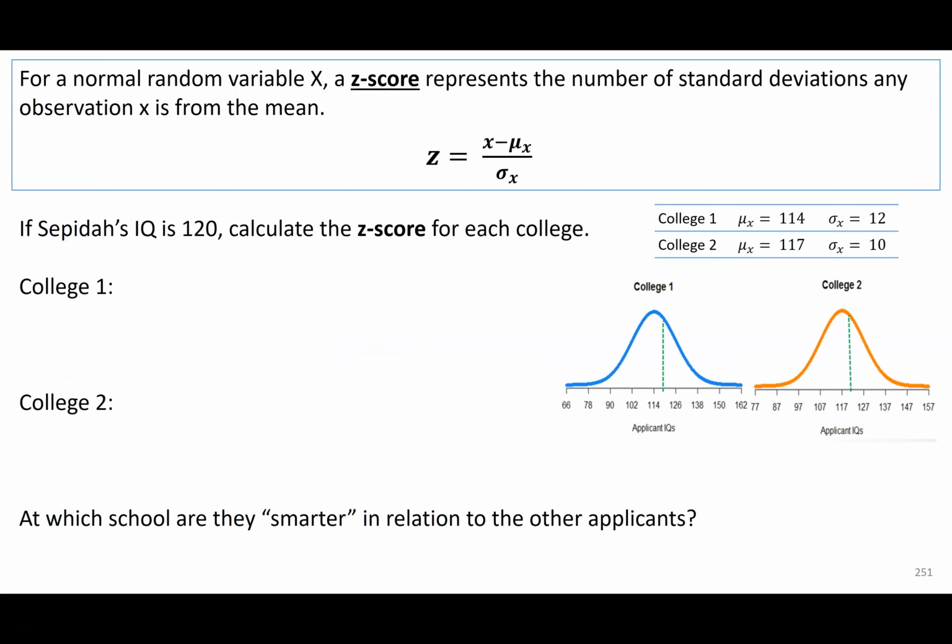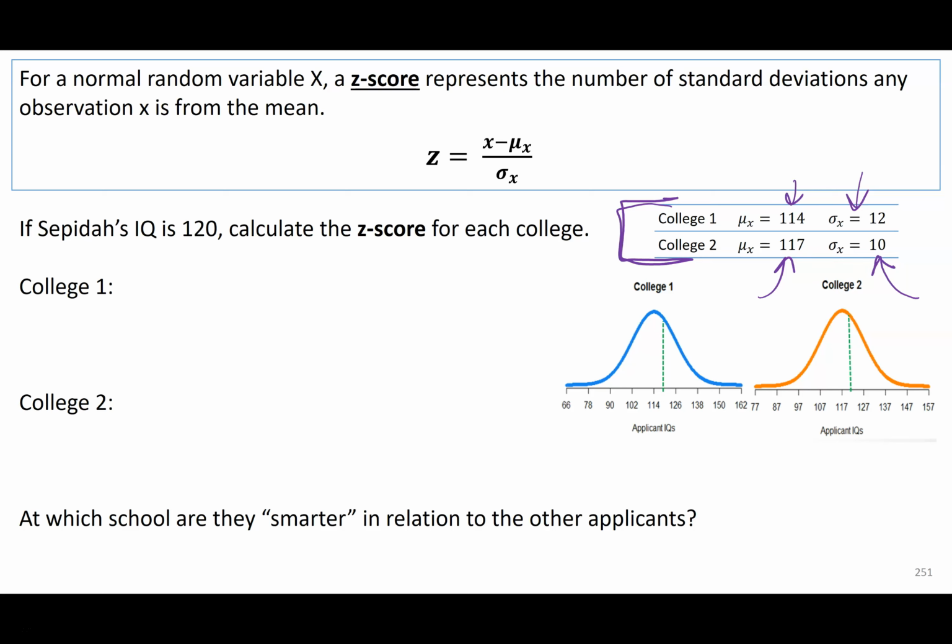So we're going to apply this idea to the IQ question. We're going to need this information here: college 1 has a mean of 114 and a standard deviation of 12. College 2 has a mean of 117 and standard deviation of 10.